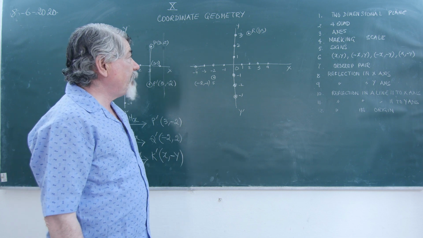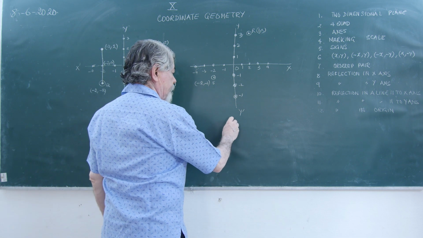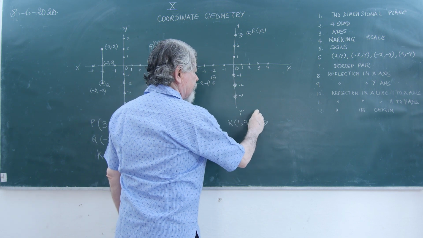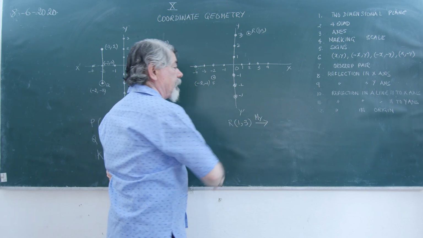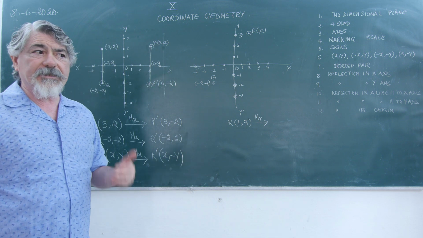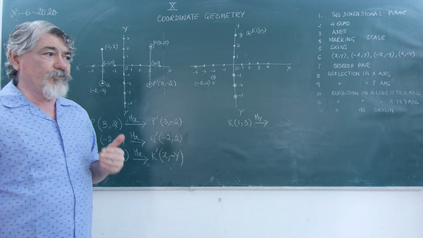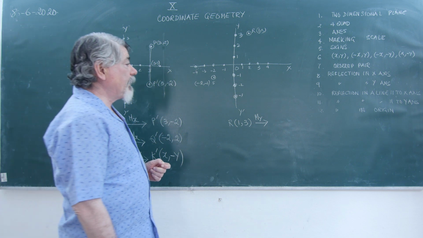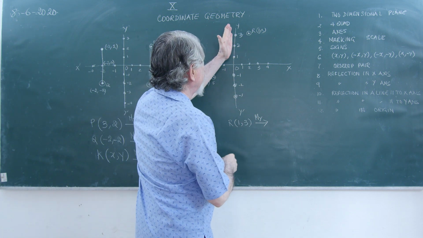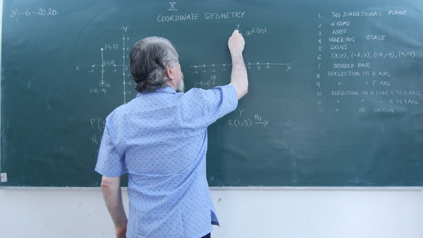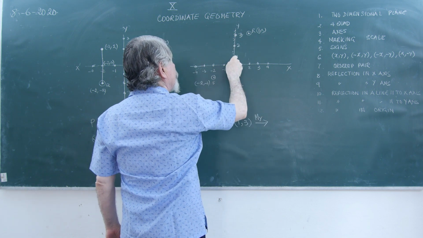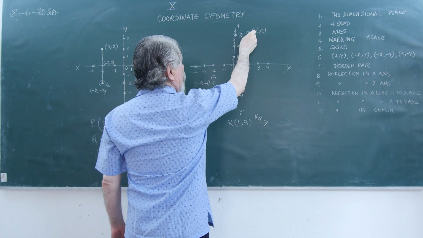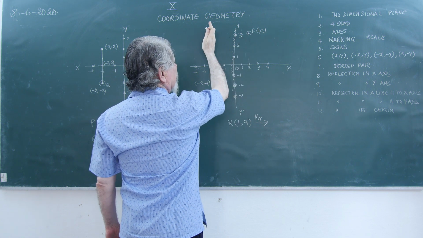For example, I have a point R(1, 3) and I want to reflect it in the y-axis, using the y-axis as the mirror. Then this is the mirror. I'm just showing you. We don't have to indicate this. This is the point.